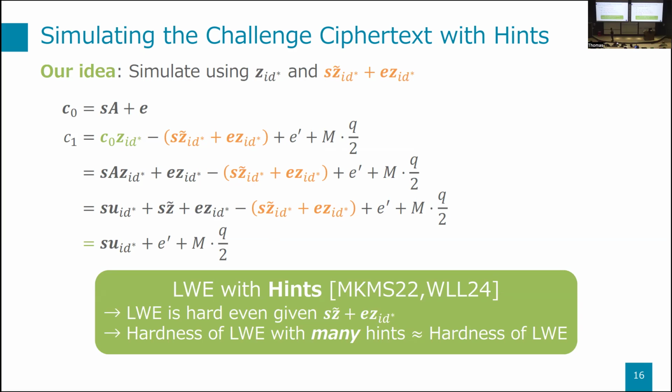I was wondering if this is related to the hint MLWE assumption from Crypto 2023. Maybe there is some relation, but we use another type of LWE with hints introduced by MKMS in 2023. All right, thank you.